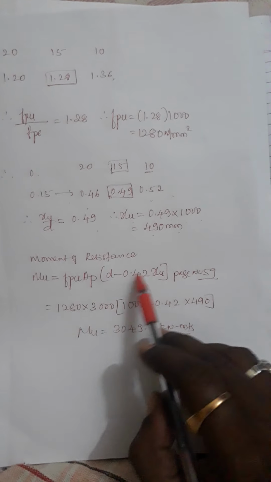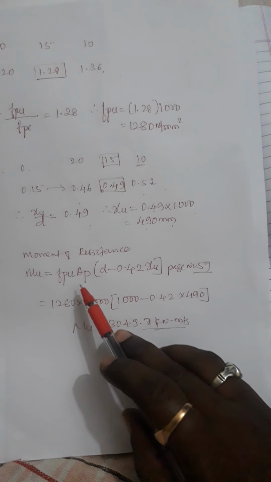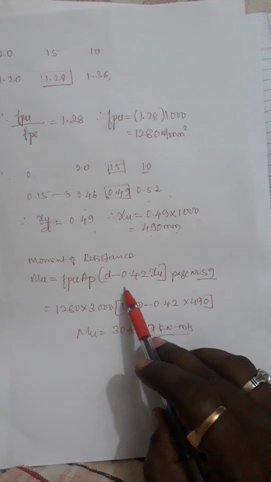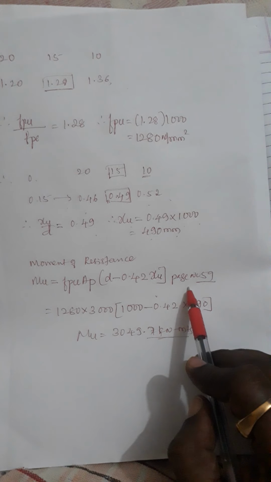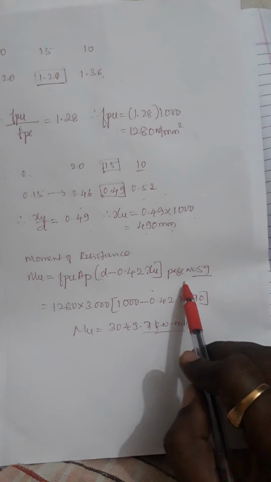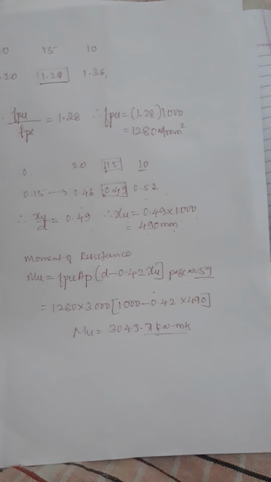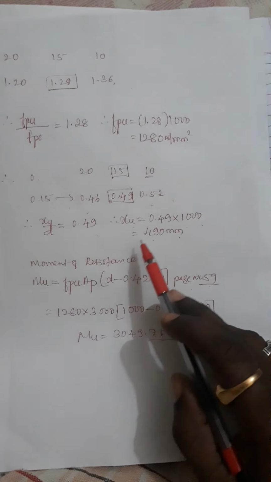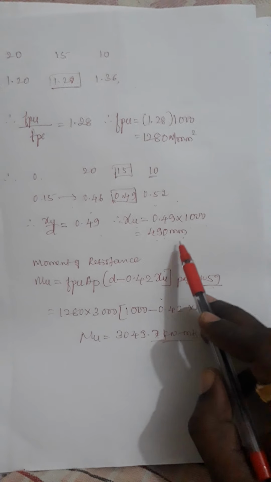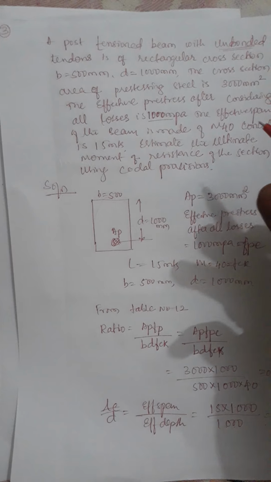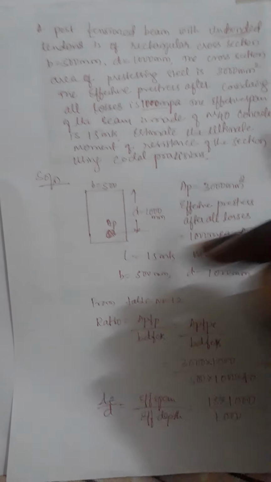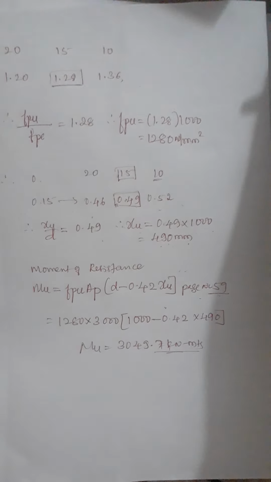We know that the moment of resistance MR equal to MU is FPU AP into D minus 0.42 XU. This formula is available on page number 59. XU we got is 490 mm. As it is a rectangular section, no need to worry whether it lies in the web or flange; as it is a rectangle, it lies in the flange only.